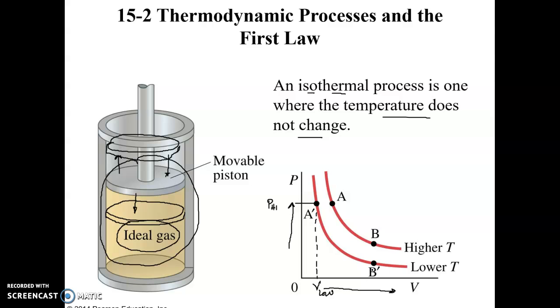We have more volume. So here we have a high volume, and that corresponds to a low pressure. And these two curves here are showing us two different temperatures. So here we have the relationship between pressure and volume at a low temperature, and here we have the curve showing us the relationship between pressure and volume at a high temperature.